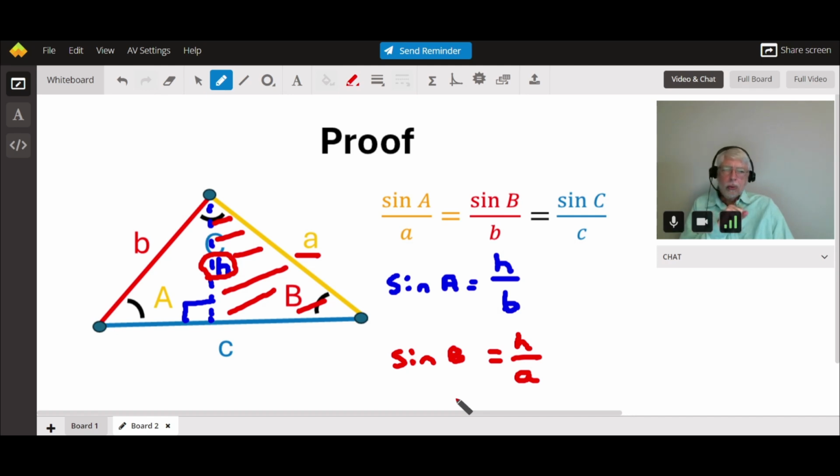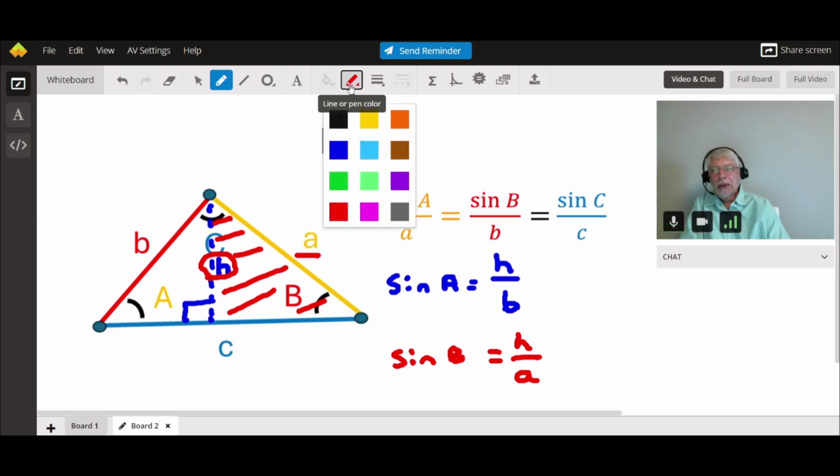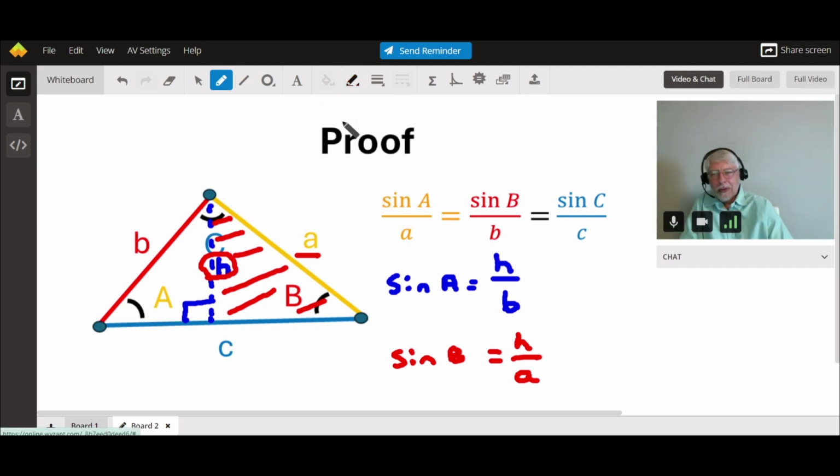Now, what should we do? We have sine A is equal to h over b, and sine B is equal to h over a. If we can make them equal to each other, then we could set up a proportion. We have an h, and we have an h.